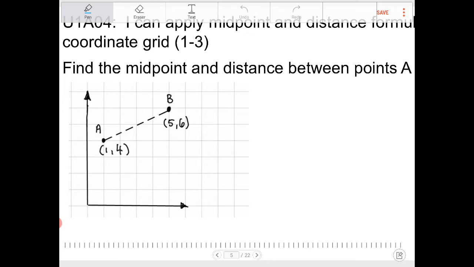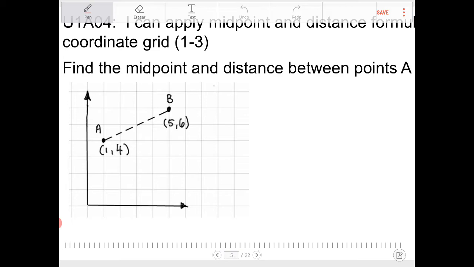The next problem that we're going to look at is we're going to find the midpoint between points A and B, and additionally we're going to try to find the distance between points A and B. To find the midpoint, just like I've said before, it is simply the average between 2 points. So recall, please pause the video now and try to attempt this.